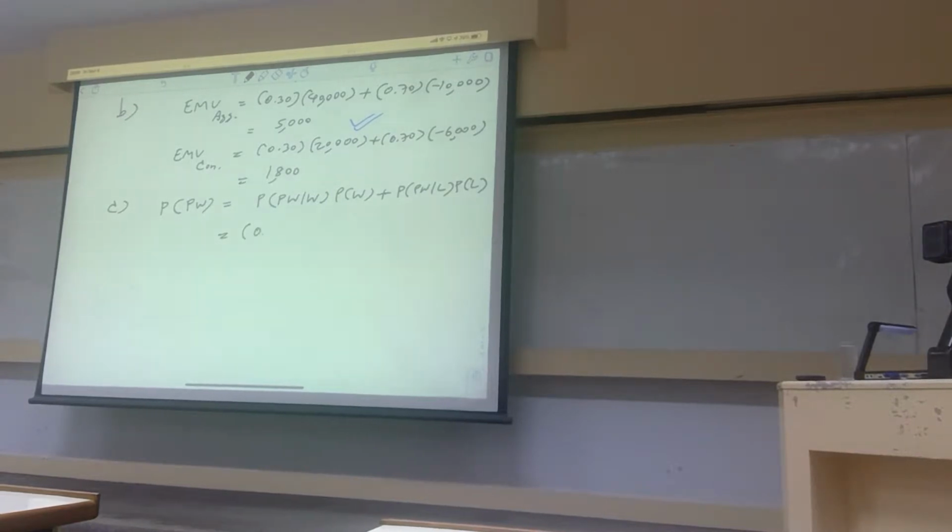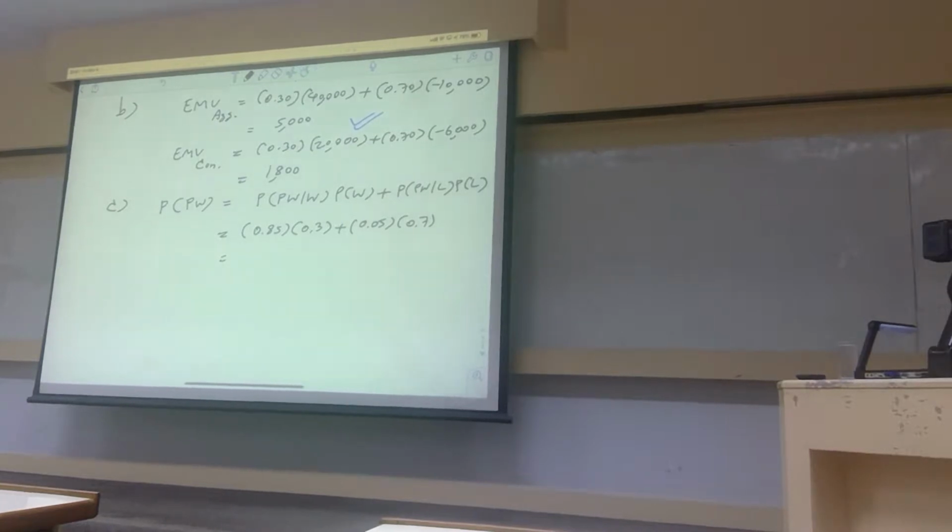So we're going to have 0.85 multiplied by 0.3 plus 0.05 multiplied by 0.7. That's 0.85 multiplied by 0.3, plus 0.05 multiplied by 0.7.